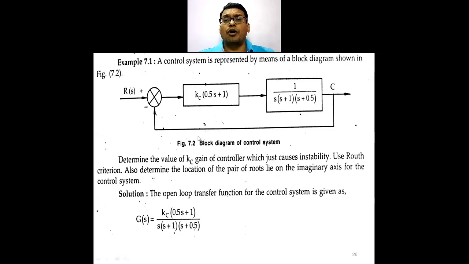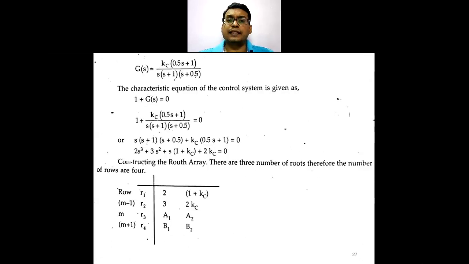So the next example, this is the block diagram that is shown. From this block diagram, you have to calculate the open loop transfer function first. The product of all transfer functions in the control system is the open loop transfer function. Then the characteristic equation is 1 plus the open loop transfer function.